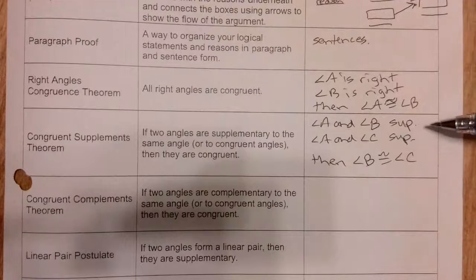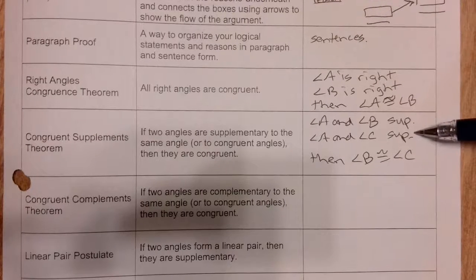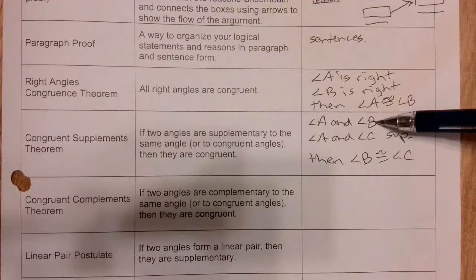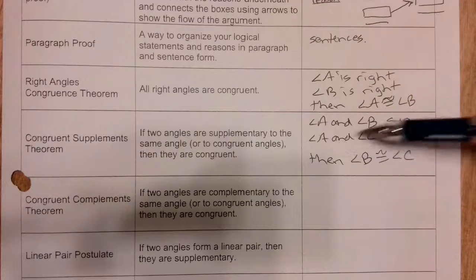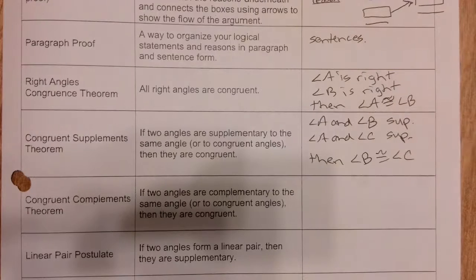Angle A and angle B are supplementary. That means they add up to 180. A and C also add up to 180. The only way for A and B to add up to 180 and A and C to add up to the same number is for B and C to be the same number. They're congruent.